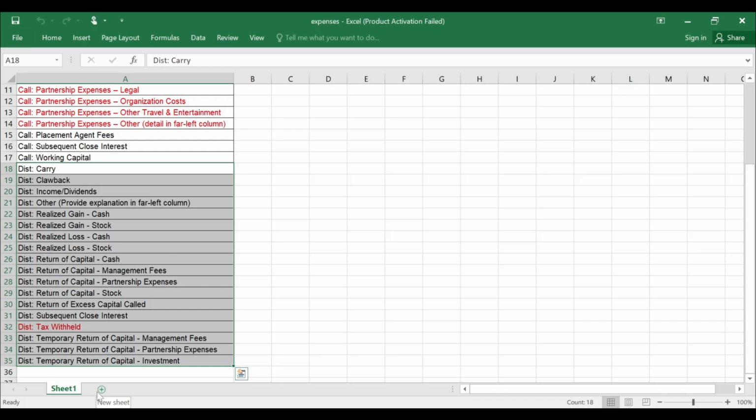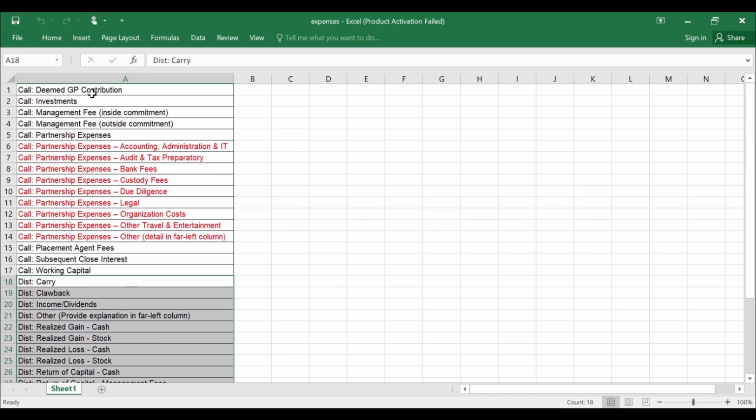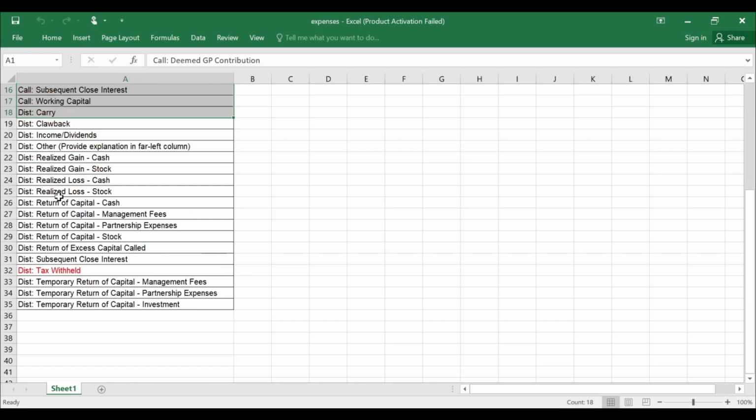So here you would see categorization of expenses. One is call expenses. At the time of call, you need to ensure that you are charging all those expenses to the investors. And at the time of distribution, or at the time of redemption, you need to calculate all the expenses and apply them and pay the remaining amount to the investor.